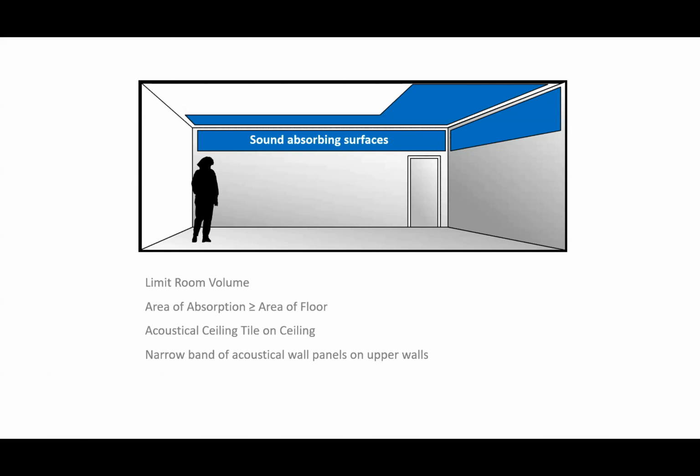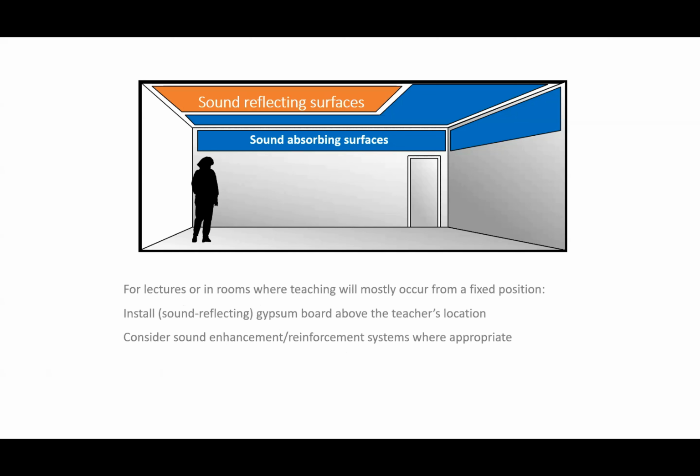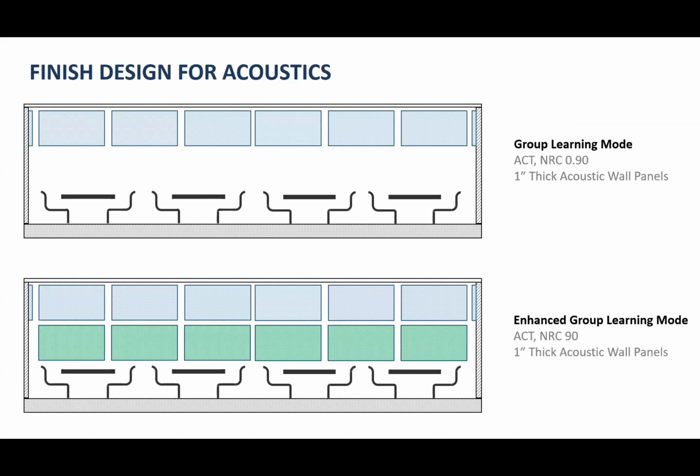Acoustic ceiling tiles on the ceiling and acoustic wall panels on the upper side walls, and having this for a large lecture hall where we have this orange sound reflecting surface more towards the front where the teacher would be positioned if they have a fixed teacher location, and the other treatment that I've previously mentioned.